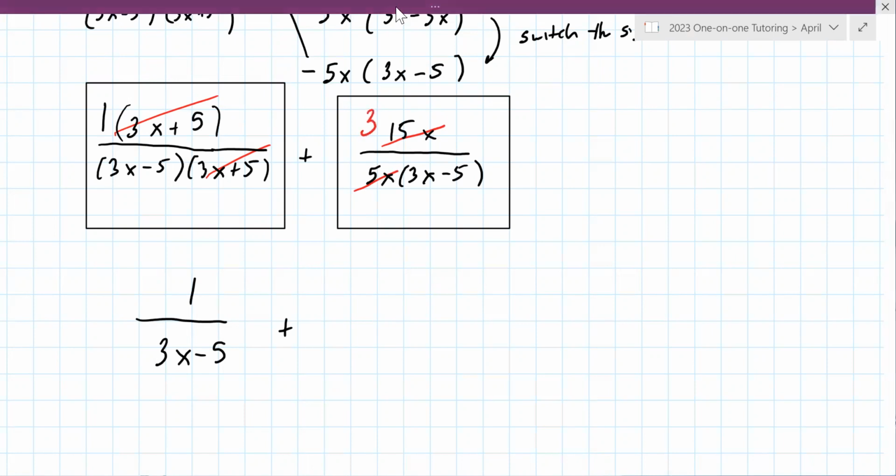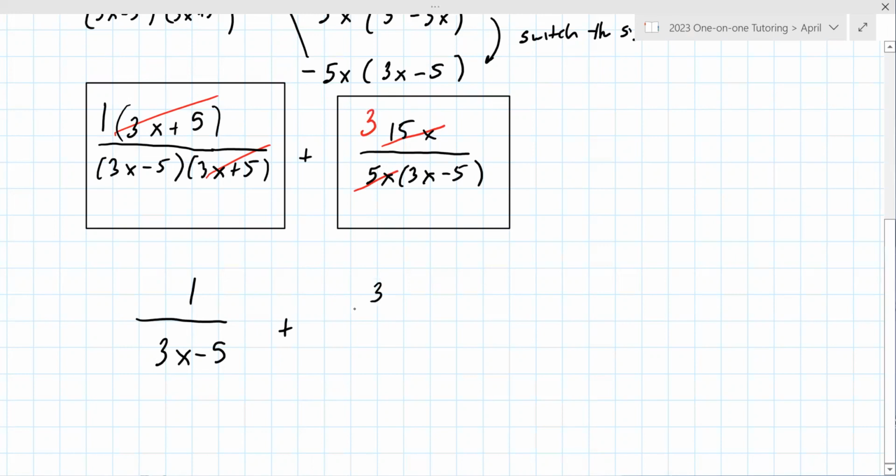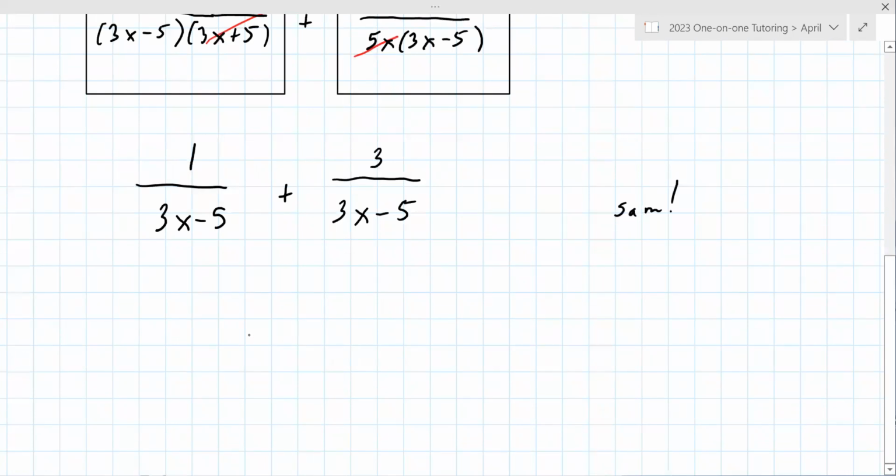So this becomes on the right 3 over 3x minus 5. What do you notice about the bottoms? They're the same. They're really important. Because they're the same, you can combine the tops. So you keep the bottom, you write one bottom, but in this case, you add the top plus top.